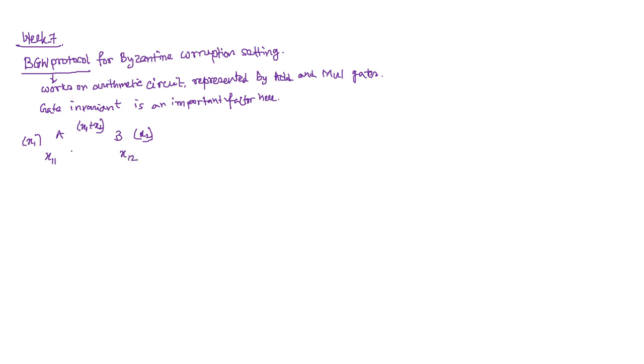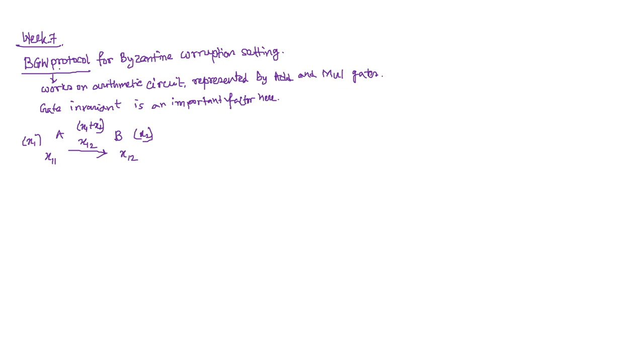So A basically sends the value x12 to B, but B, by seeing x12, cannot determine x1 in whole because it is completely unaware of the other share x11, right? So this is just a very naive example to show what we mean by gate invariant.